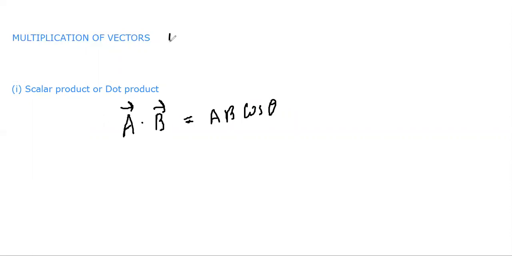For example, if there are two vectors, let us say A vector and B vector.